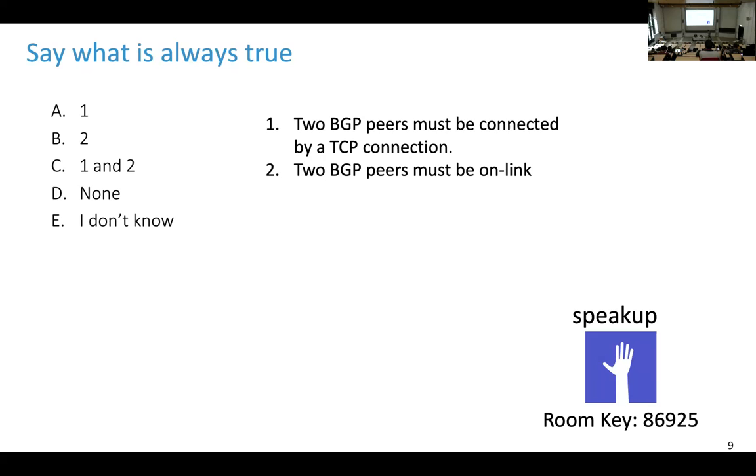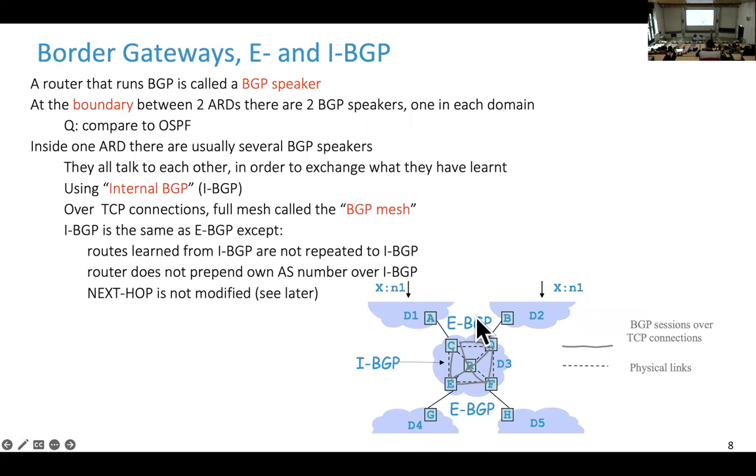So I'll close the poll in a second. The majority says A, meaning that the first statement is correct, which is the correct answer. I already gave you an example. For example, C and F are BGP peers, but they're not on link.